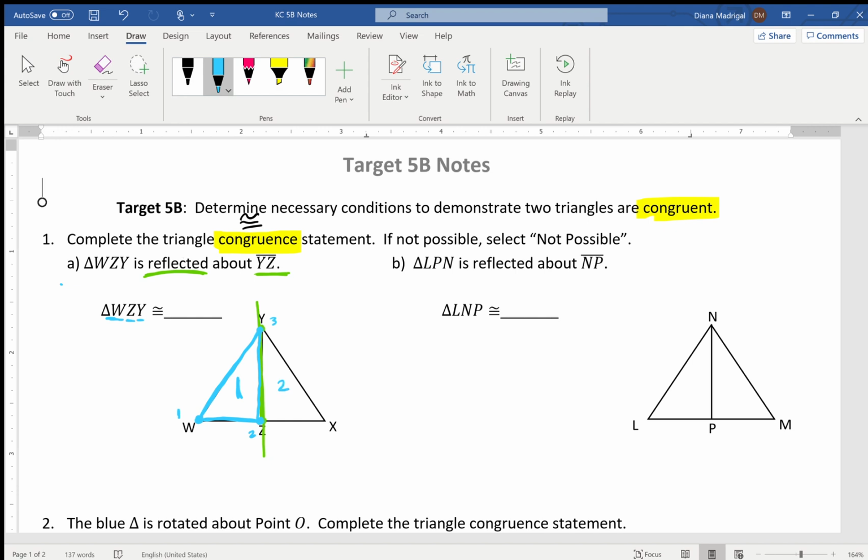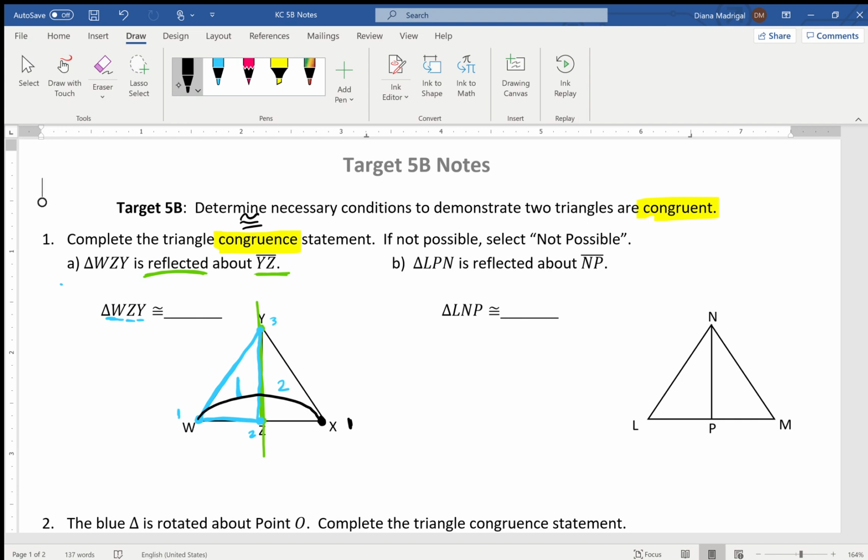How are we going to name that triangle? Again, the order matters. You need to create the same pattern. If your first point was W and it's being reflected, W is going to be now X. So X is going to be your first point.